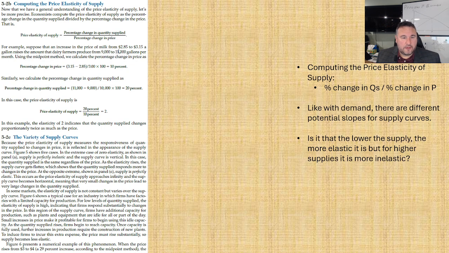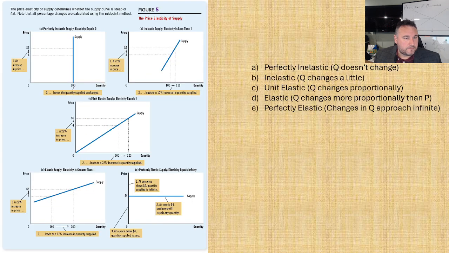Like with demand, there are different potential slopes for those curves. And then think about, is it that the lower the supply, the more elastic it is, but for higher supplies, it is more inelastic? So I want you to think about that. Again, these are similar to what you saw before. Perfectly inelastic is vertical compared to perfectly elastic, which is horizontal.